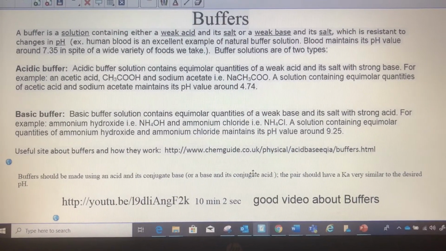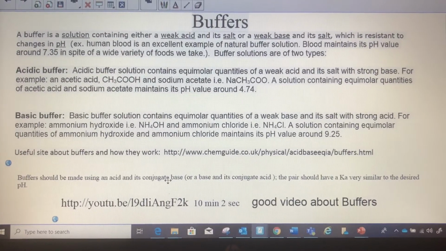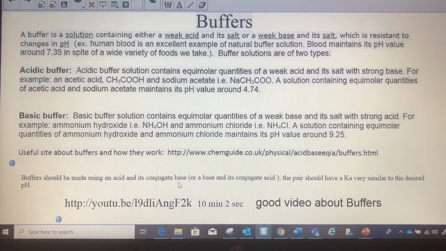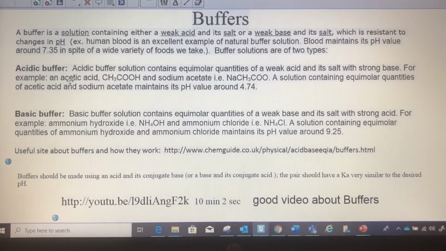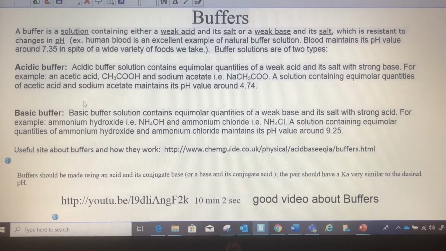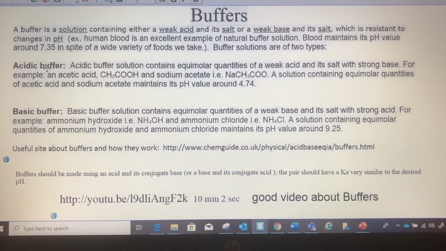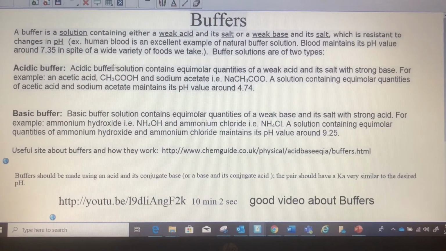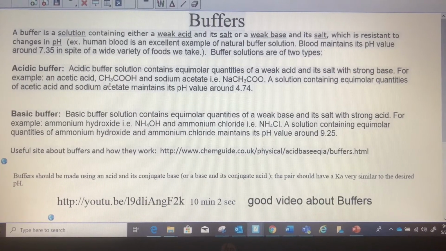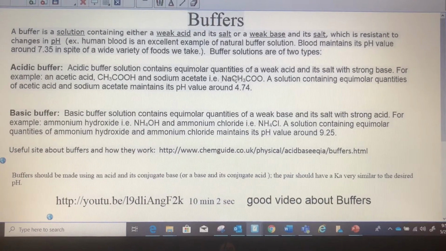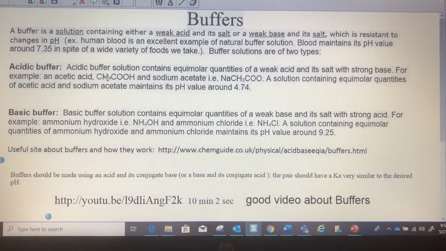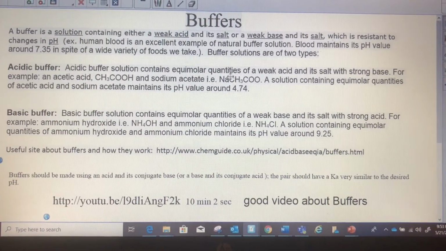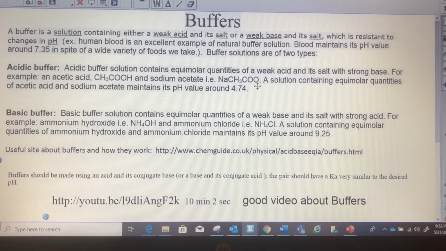Now, we learned last week that conjugate acid-base pairs differ by an H, or a proton that keeps getting moved back and forth. So if I look up here at some examples of buffers, we can have what's referred to as an acidic buffer. And that's when we have a weak acid, in this case acetic acid, and its conjugate base. So it still has the CH3COO, but it's given up that proton. And so now we have its conjugate base.